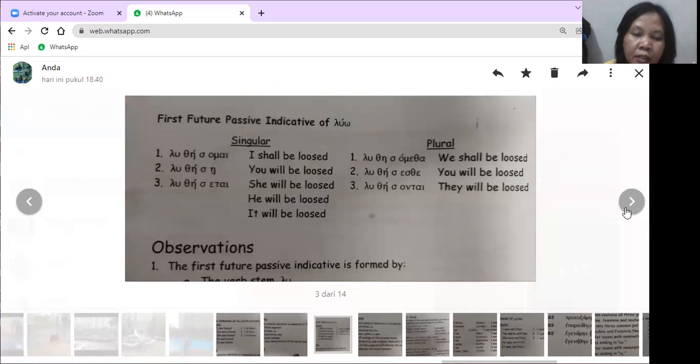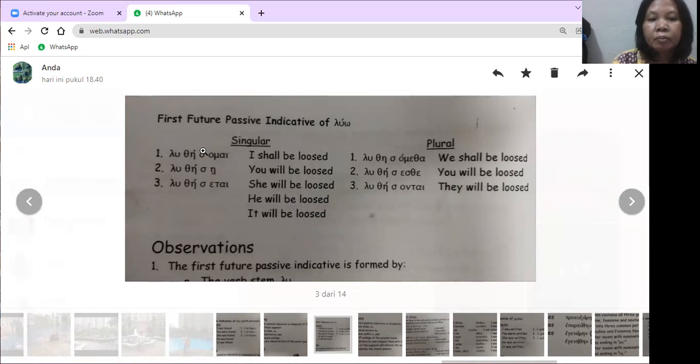This pattern of the first future passive indicative of luo is formed by the verb stem lu and the characteristic theta, and the tense suffix in the middle, sigma.